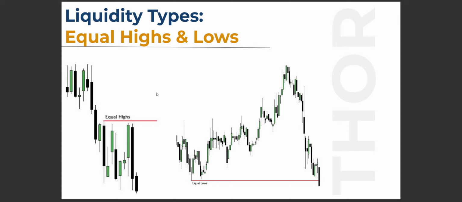The other most common type is equal highs and equal lows. They're basically self-explanatory. Whenever the market forms swing highs at around similar levels, just like this one right there, in close proximity, right? Swing high, another swing high here, and another one to the right side, and they are in very close proximity. This is what we refer to as equal highs, and they tend to be targeted, and it is usually an easy target for the market to trade into, right?